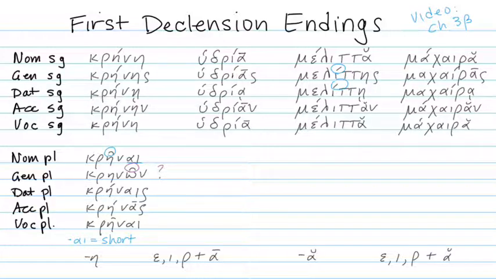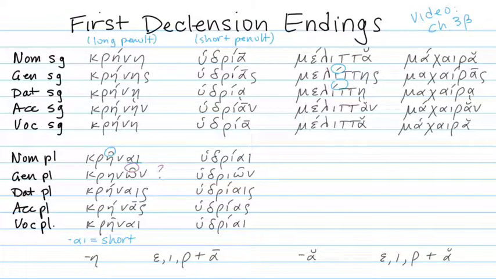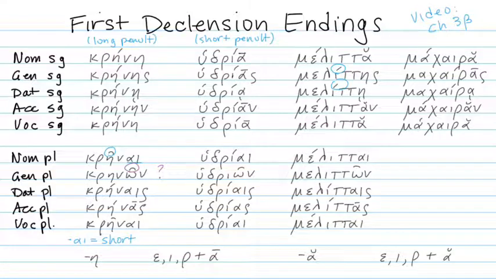So as promised, for hudria, melita, and machaira, the endings are exactly the same as what we just learned. So I'm going to apply it across the board. Hudriai, hudrion. You'll notice that for all of them in the genitive plural, it's a circumflex on the last syllable. Melitai, meliton, melitais, melitas, melitai.